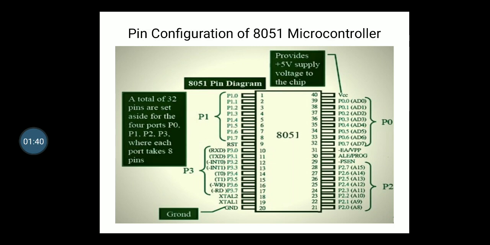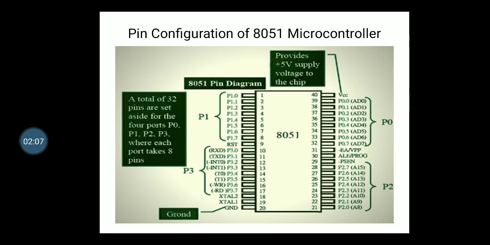We will see what the different functions of port 3 are. Similarly port 2, right, port 2 starts from 21 and ends at 28. Again port 2 has a different function, we will see that also. And then port 0 starts from pin number 32 and ends at 39. It also has an alternate function.